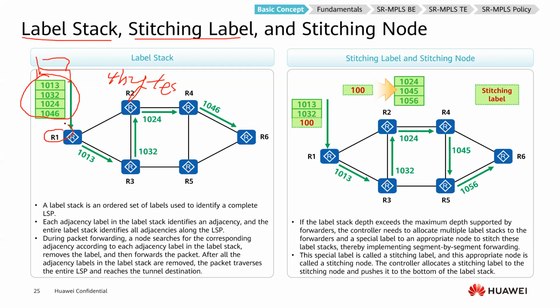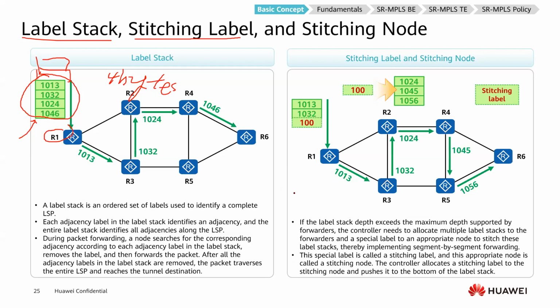This is one reason. Secondly, the device has a limitation on how many labels it can read at once, based on the device. So you cannot put too many labels in the label stack.